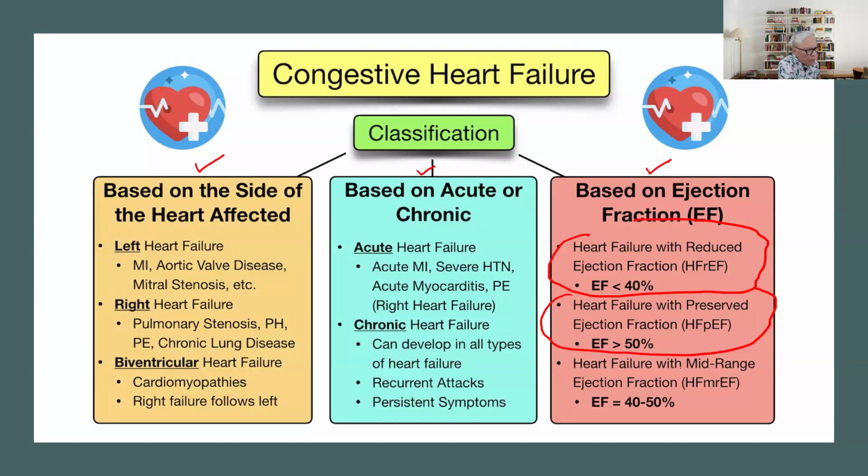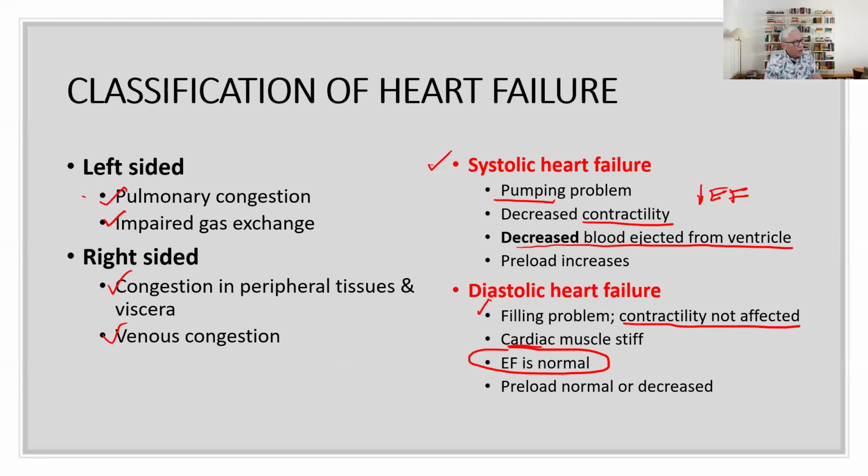We're not going to talk about the mid-range because that's not going to be relevant in the NCLEX. So your heart failure could either be left-sided or right-sided, or either a systolic or a diastolic heart failure.